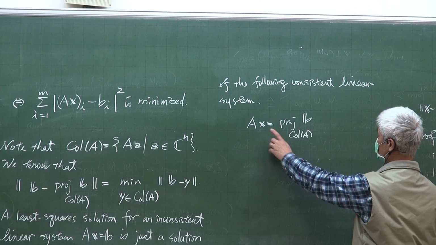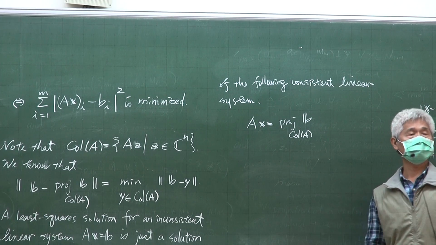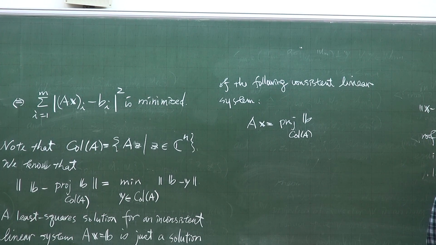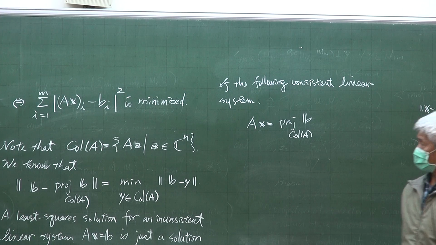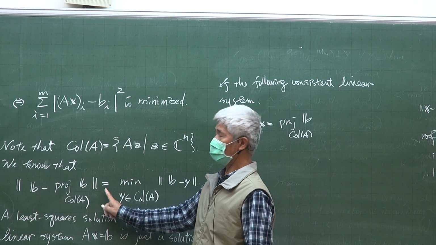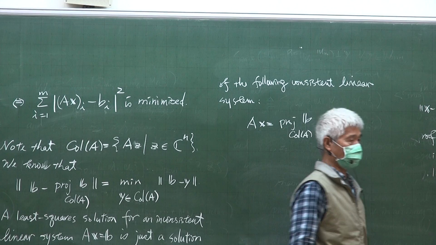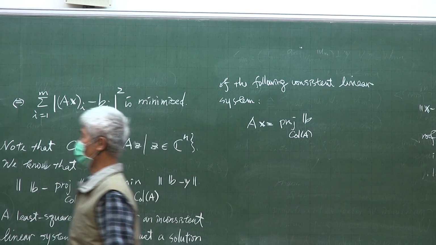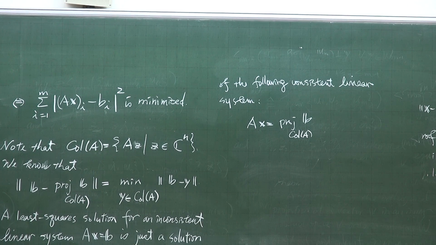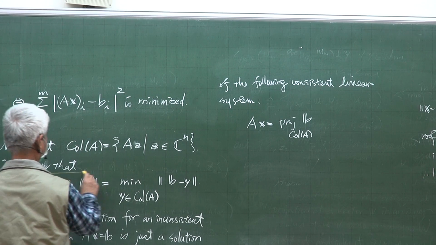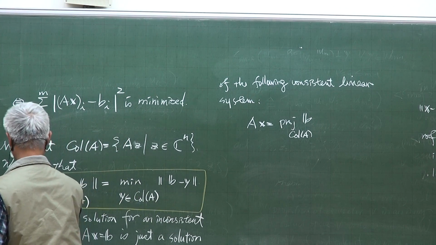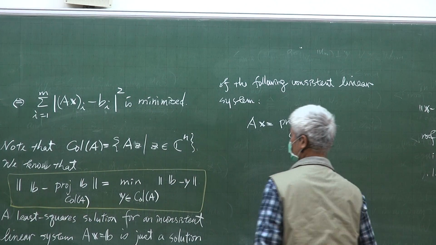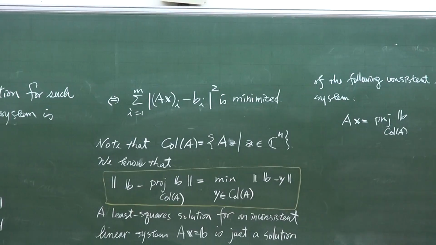There always exists one solution, so it's consistent. The magic occurs because we know this minimization property. Any questions?